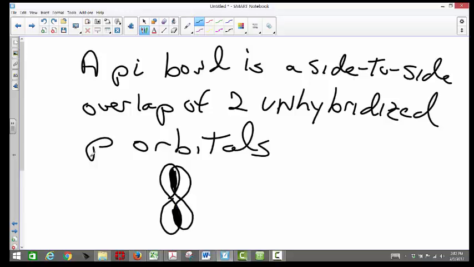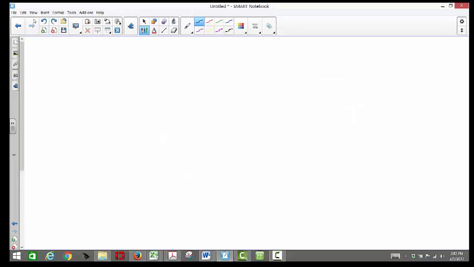Well, if I have unhybridized p orbitals, that must mean that if I have, back to my ethene here, if I have this guy, these carbons can't hybridize all three of their p's because there has to be one left over that's not hybridized to use for the pi bond.